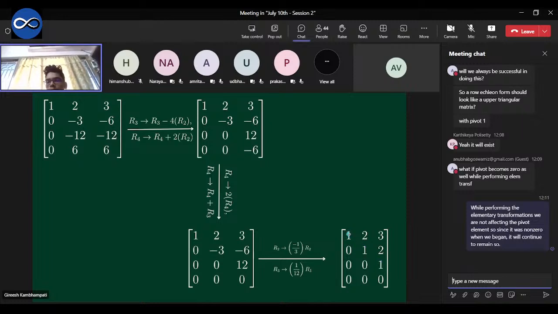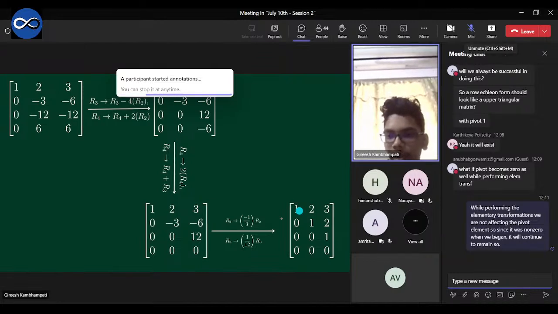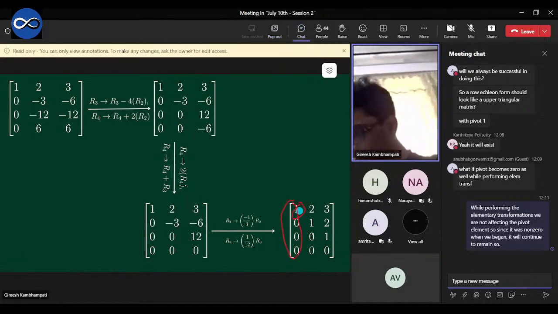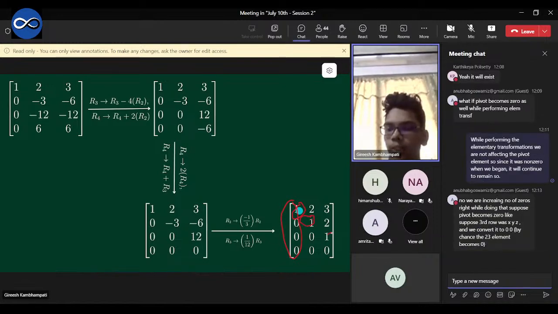Now all elements in a pivotal column except the pivot should be 0. Here this is a pivotal column, because this is a pivot, this is the first non-zero row in this matrix, and this is also a pivot, and this is also a pivot.